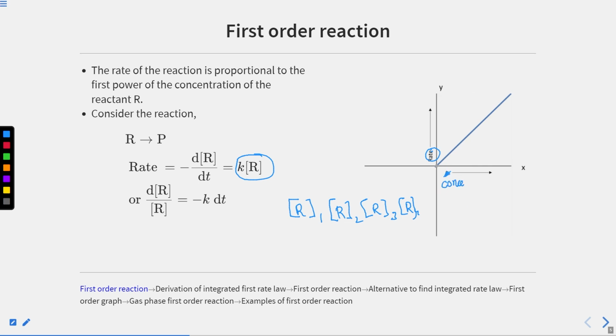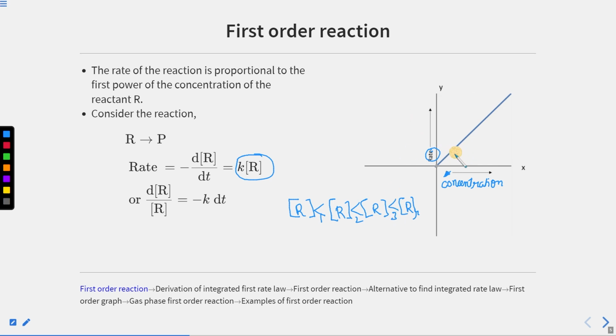If we go on increasing the concentration, then we will see that the rate will also increase. Suppose R1 is less than R2, less than R3, less than R4.